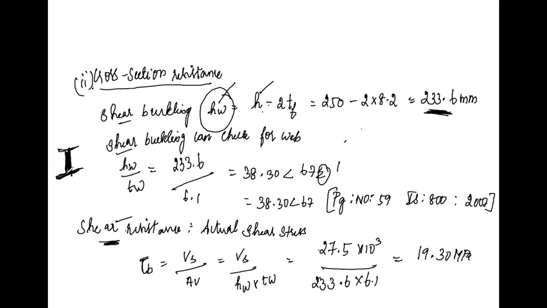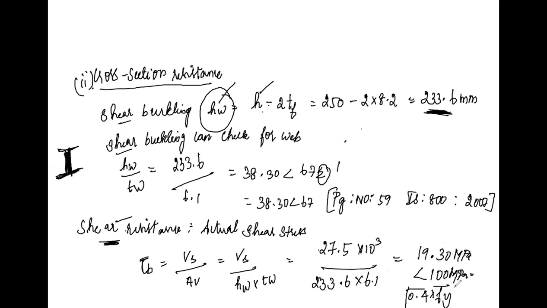We have calculated only the web height. Therefore, the calculated value should be less than 100 MPa, because the 100 MPa is calculated by the formula 0.4 into Fy.